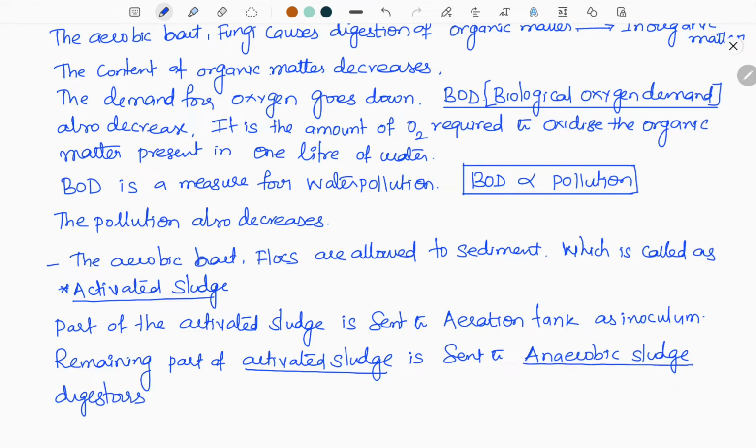Anaerobic sludge digesters, right? Where anaerobic bacteria are present. This anaerobic bacteria present in anaerobic sludge digesters will cause digestion of aerobic bacteria.